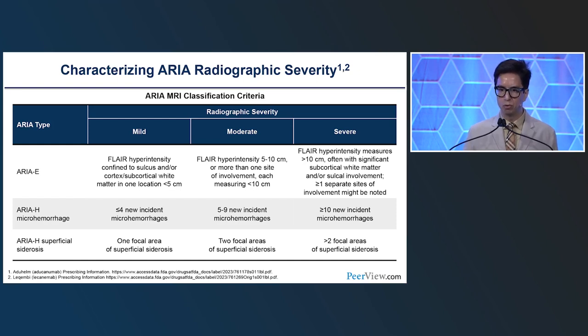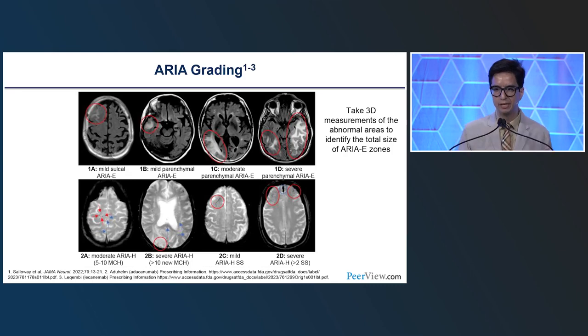And of course, you can have multiple sites involved. ARIA-H, less than or equal to 4 new incident microhemorrhages is mild, 5 to 9 is moderate, and greater than 10 is severe. For superficial siderosis, you can have mild ARIA-H for superficial siderosis, which is as little as 1 focal area. And that's important to note and scrutinize the images very carefully.